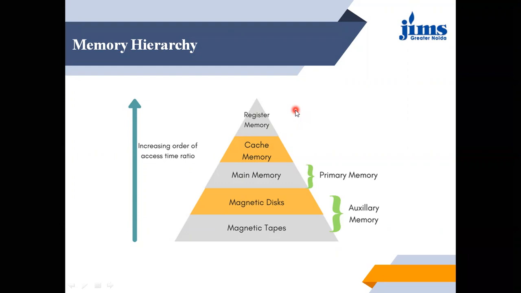If I want to buy memory at the same cost, for example 5,000 rupees, then I can buy fewer registers instead of magnetic disk or magnetic tapes. So this was about the hierarchy or the classification of the memory.